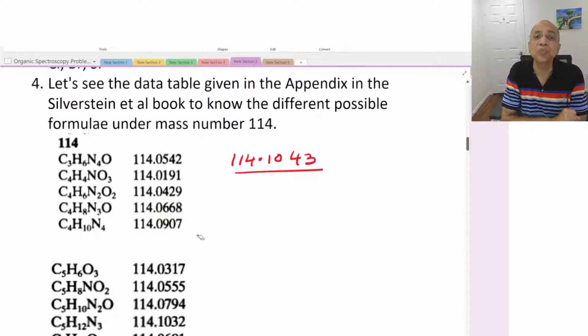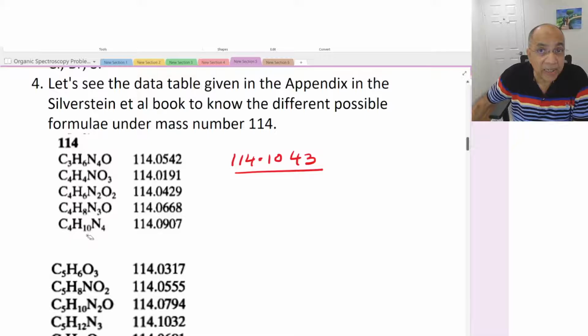But one thing I must remind you, that the nitrogen rule is the guiding force sometimes. I remind you that if a molecular mass number is odd, it may contain one or an odd number of nitrogen atoms.